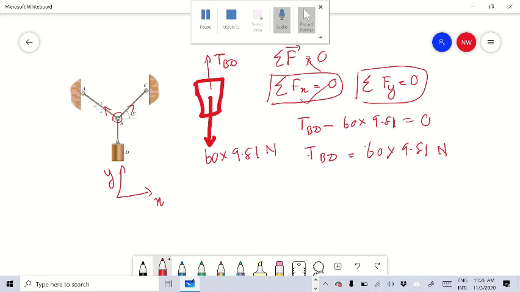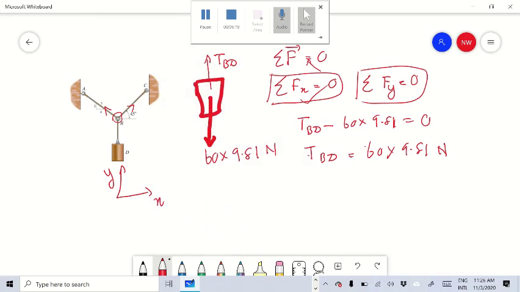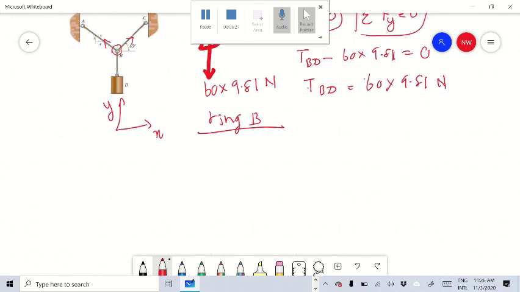For ring B to be in equilibrium, sigma Fx should be equal to 0 and sigma Fy should be equal to 0, right?